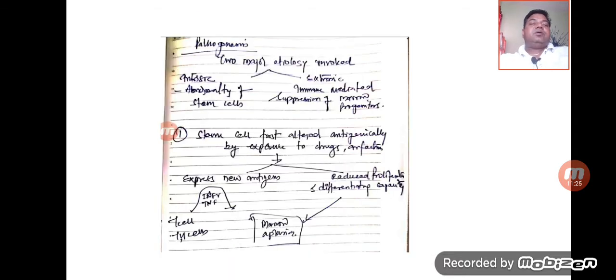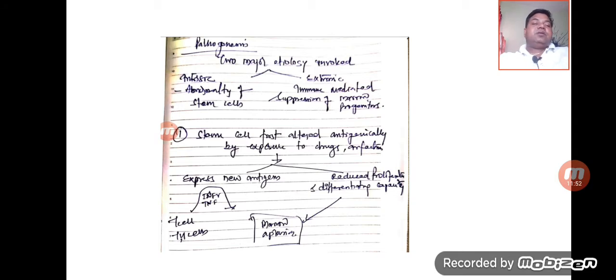Now, coming to the pathogenesis, there are two main mechanisms involved: one is the intrinsic mechanism, another is the extrinsic mechanism. In the intrinsic mechanism, there are abnormalities in the stem cell itself, and in the extrinsic mechanism, there is immune mediated suppression of the marrow progenitor cells.